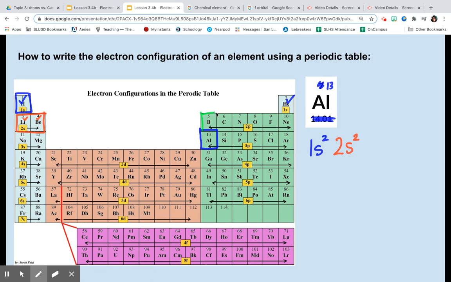Then going through here, I'm in the P section now, still in the second ring. So in the second ring, I have electrons moving in the P shape, and I have 1, 2, 3, 4, 5, 6 electrons moving in this shape. 2p6.